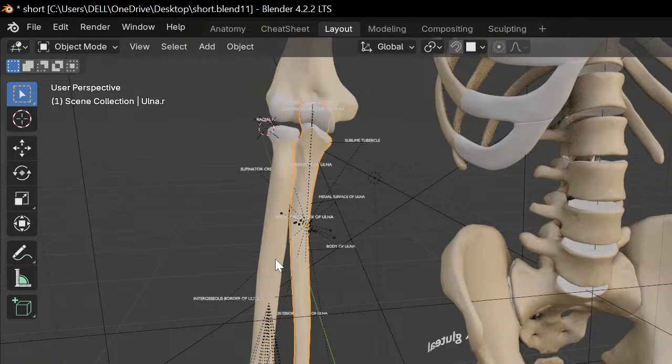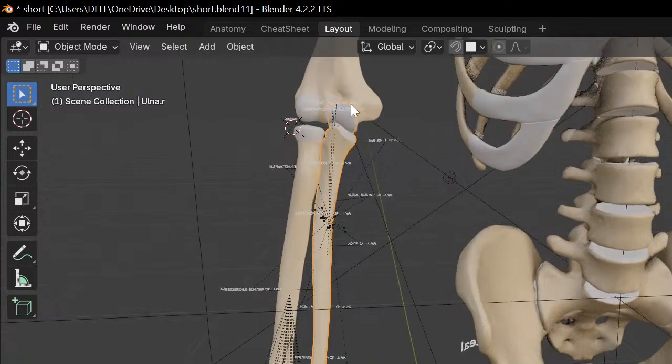The radius is shorter than the ulna, but the two bones are kind of opposite. The ulna is bigger at the proximal end and gets thinner as it moves distally. The proximal end of the radius is thinner than the distal end.